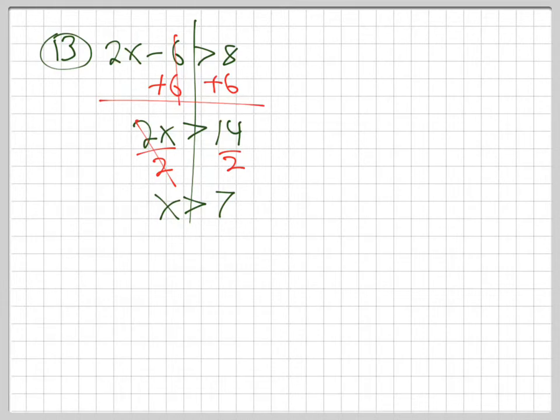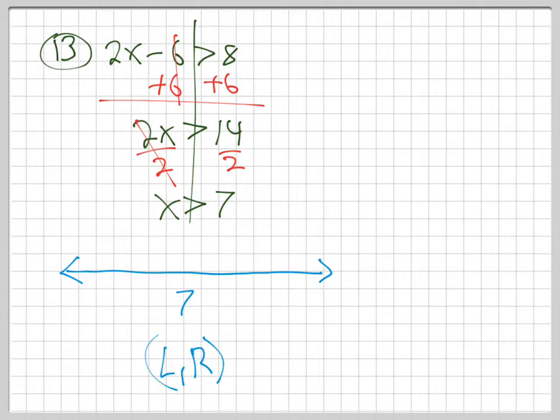Can you put that on a number line now? Remember, just put down the 7 in the middle and then decide which side should be shaded, right side or left side, and whether you should have a parenthesis or a bracket. And then after that, do an interval, which is left edge, comma, right edge, parentheses or brackets or whatever. See if you can finish that up.